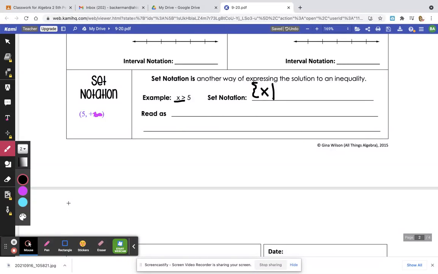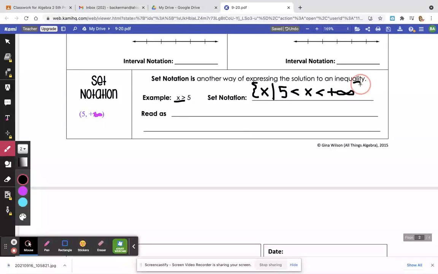And then you're going to write it the way that you used to write it with inequality notation. So in this case, we had x is greater than 5, and then it goes to positive infinity, right?